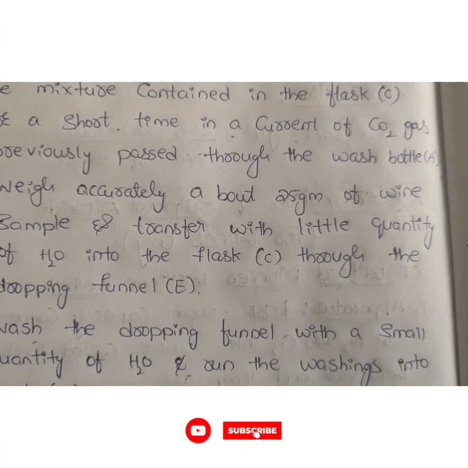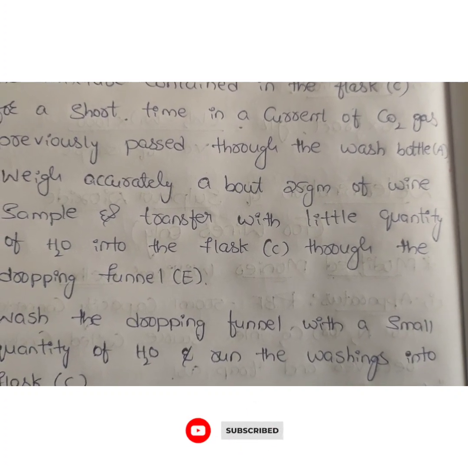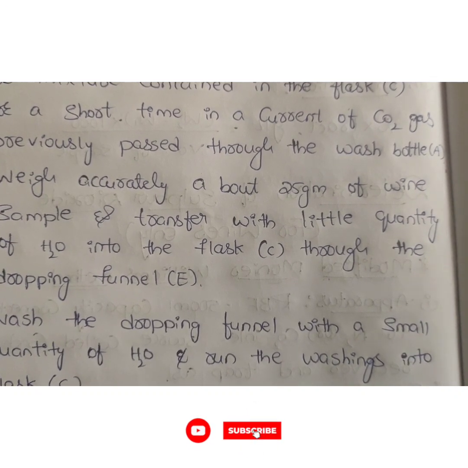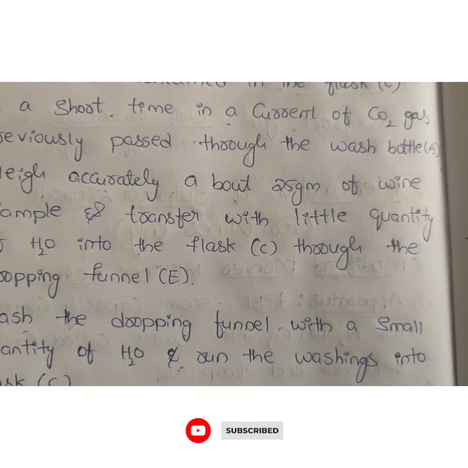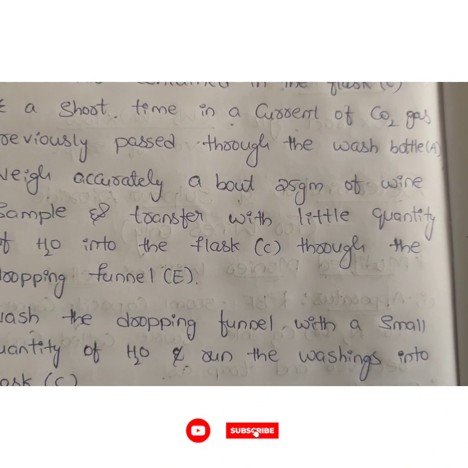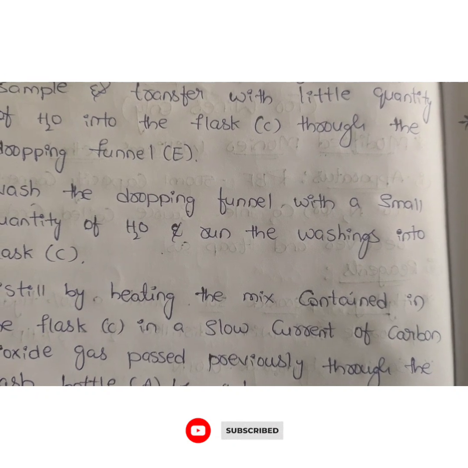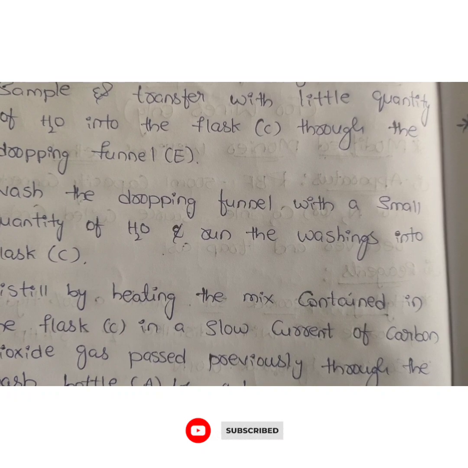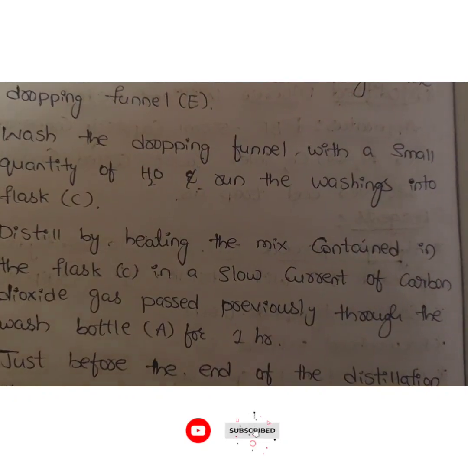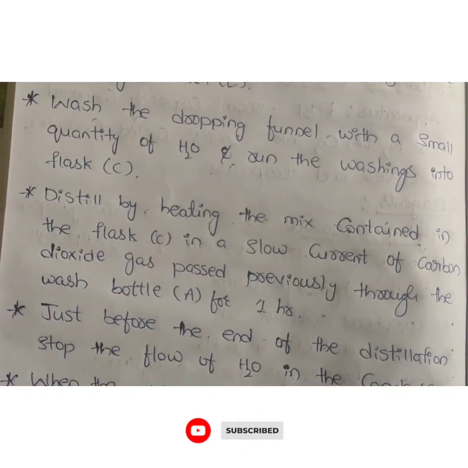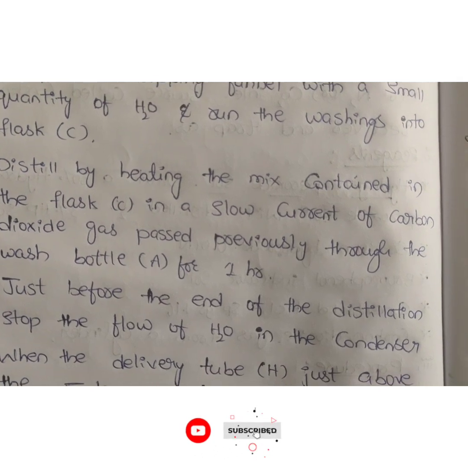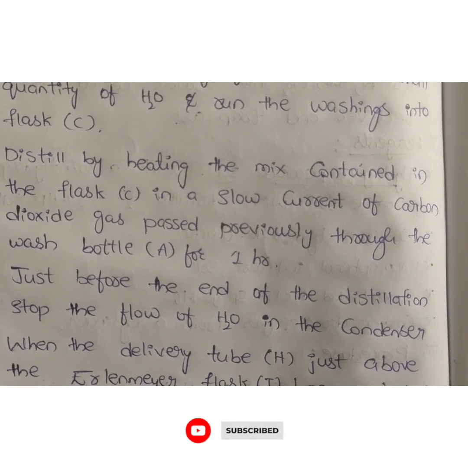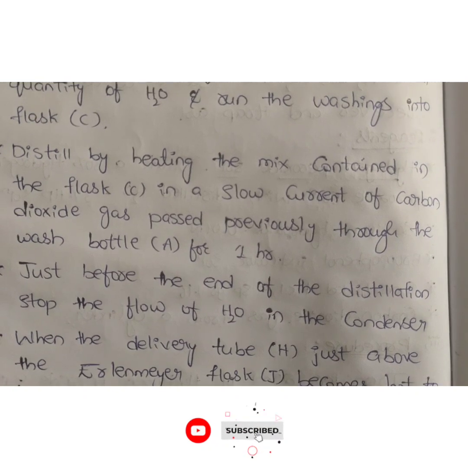Weigh accurately about 25 grams of wine sample and transfer with a little quantity of water into the flask C through the dropping funnel E. Wash the dropping funnel with a small quantity of water and run the washing into flask C. Distill by heating the mixture contained in the flask C in a slow current of carbon dioxide gas, passed previously through the wash bottle A, for 1 hour.